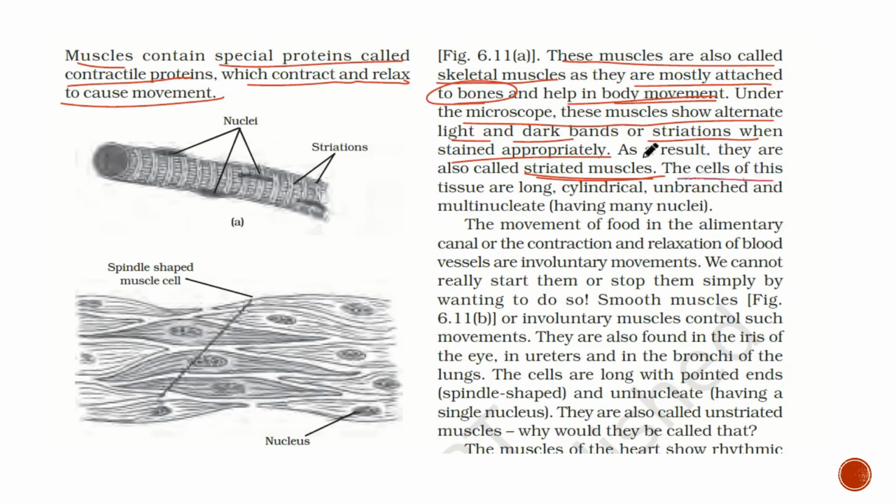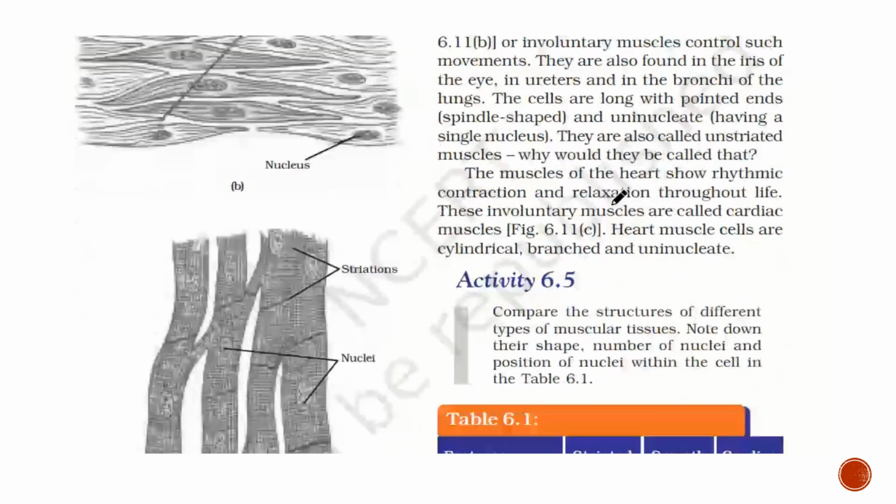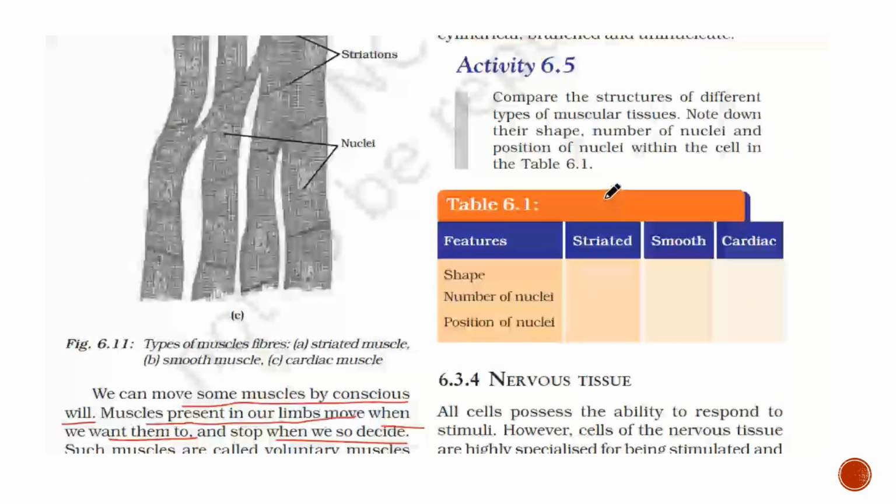The cells of this tissue are long, cylindrical, unbranched, and multinucleate, having many nuclei. We can see here the first one is the striated muscle or skeletal muscle.